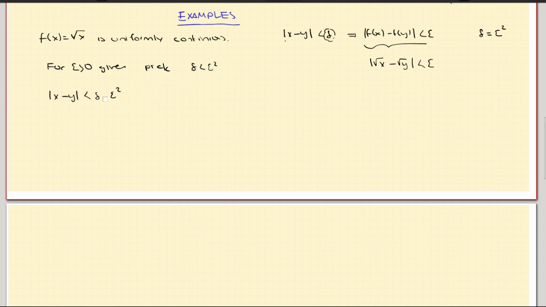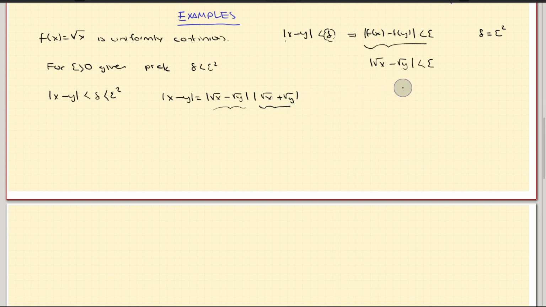Now we are sure that the distance between x and y is less than delta, which is epsilon squared. And we can write x minus y as the square root of x minus the square root of y, times their sum, right? Now we want to reach an inequality, and we need to find something for this term.